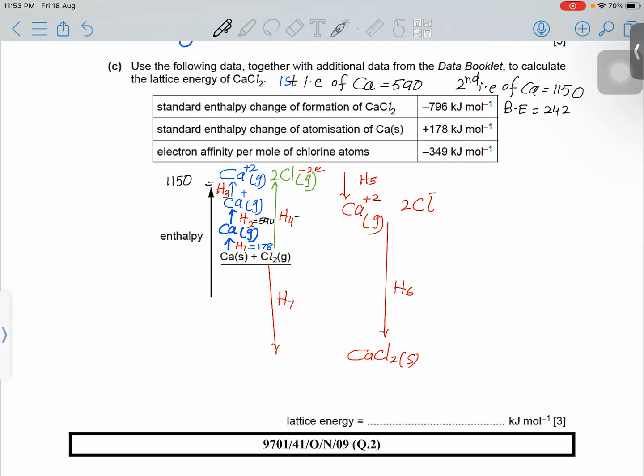Now, can you tell me the formula of H4 when the atomization of chlorine is not given? Bond energy divided by 2, multiplied by 2. Very good. What about H5?